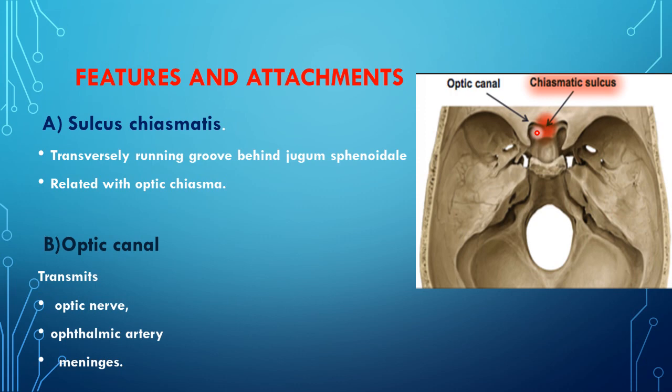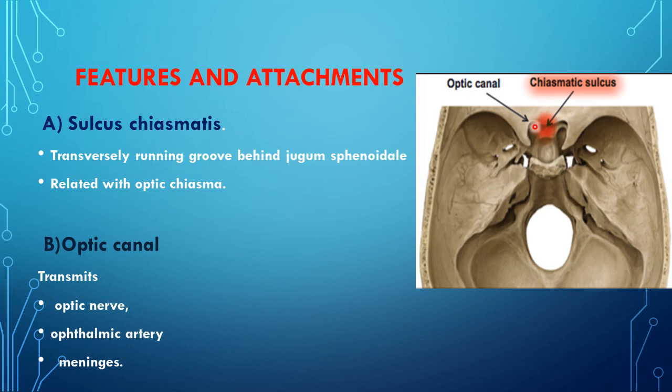It is just behind the jugum sphenoidale, the anterior part of the superior surface of the body of the sphenoid, and just behind that there is a transversely running groove called the sulcus chiasmaticus. It is called chiasmatic because it is related to the optic chiasma. The optic chiasma lies posterior superior to the sulcus. So because of its relation with the optic chiasma, it is called sulcus chiasmaticus.